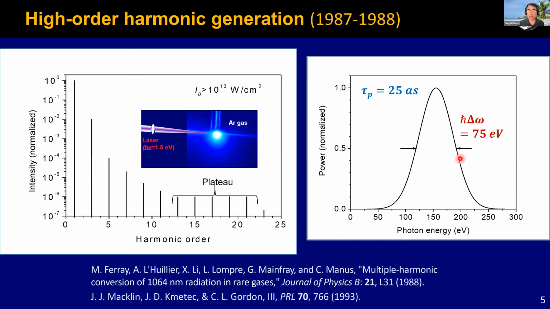And people thought for a long time that it is impossible because most of the X-ray lasers have extremely narrow bandwidth. Therefore, they didn't know how to actually produce such pulses. And then in the late 1980s, there was an experimental discovery that says if you interact noble gases such as argon with intense femtosecond lasers, then you can actually frequency upshift an infrared laser to the X-ray wavelength range.